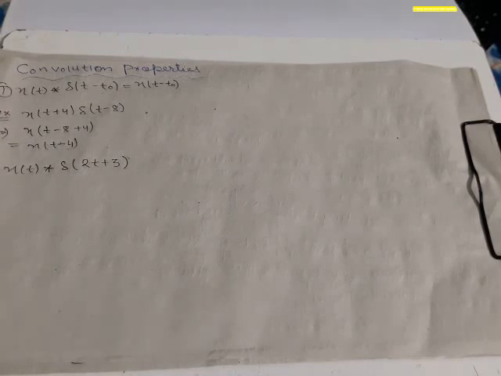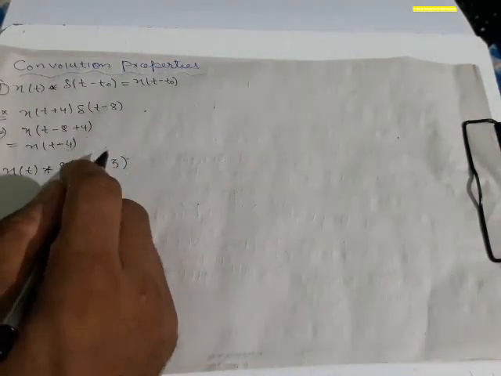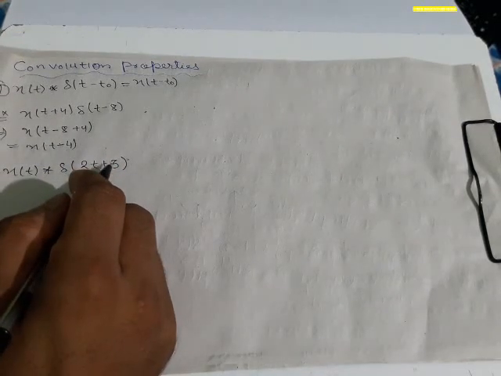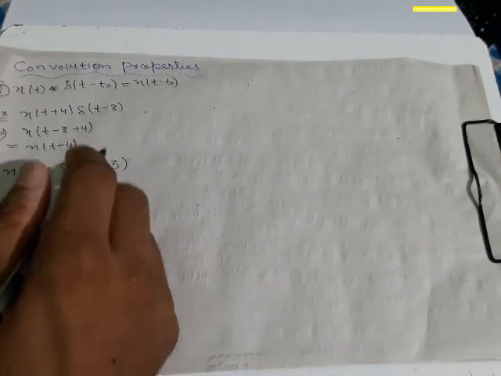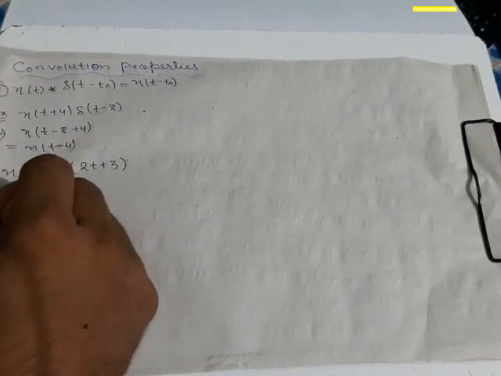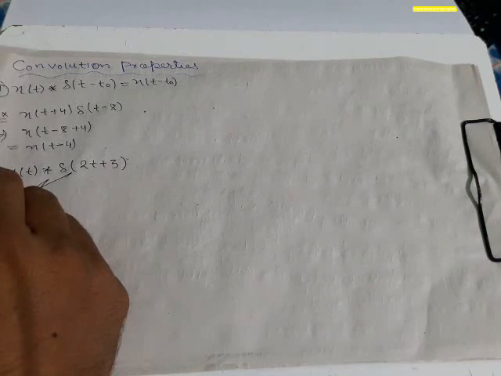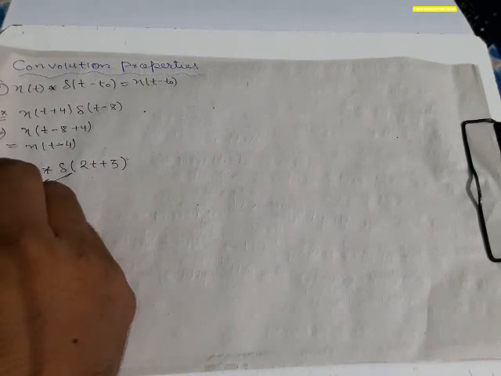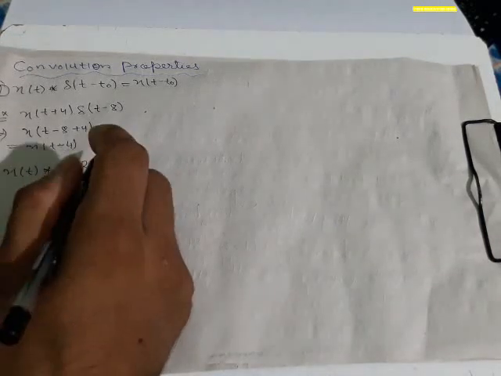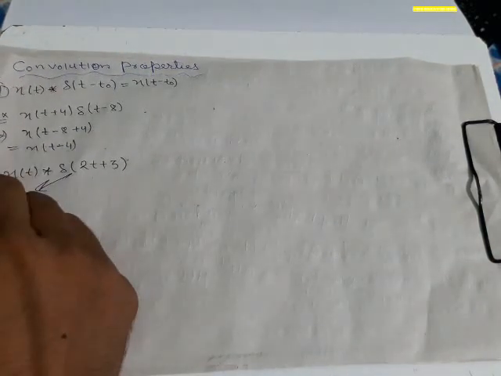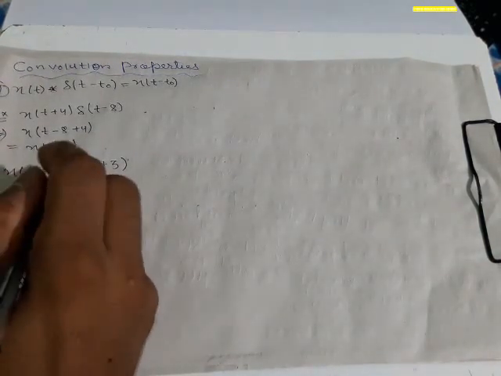We have already discussed in the impulse properties that if the impulse is scaled by alpha, delta(alpha t) equals 1 by alpha into delta(t). We have already mentioned this.